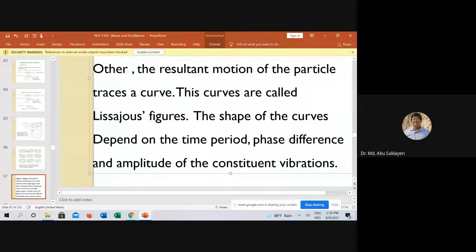So, waves and oscillation, I want to wrap up here. Do you have any confusion from the beginning to this point, that means Lissajous figure?